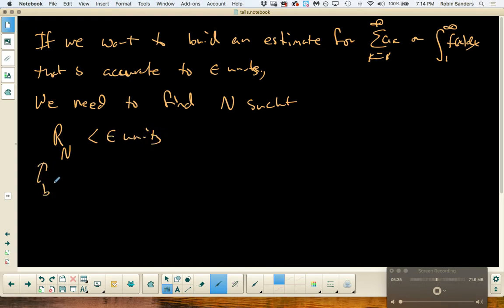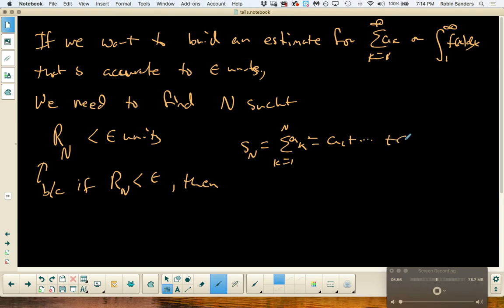Because if that tail for capital N is less than epsilon units, then the partial sum at capital N, the sum of the first N terms, and the proper integral between 1 and capital N, these two estimates are good enough.